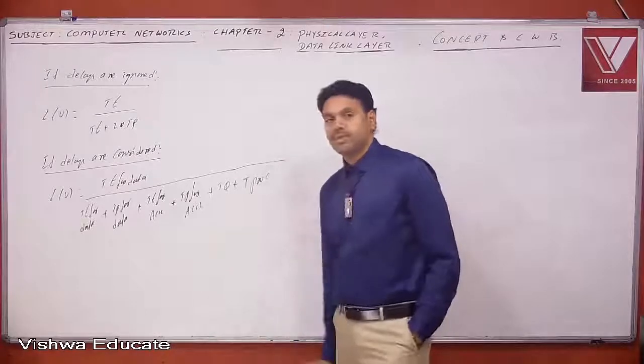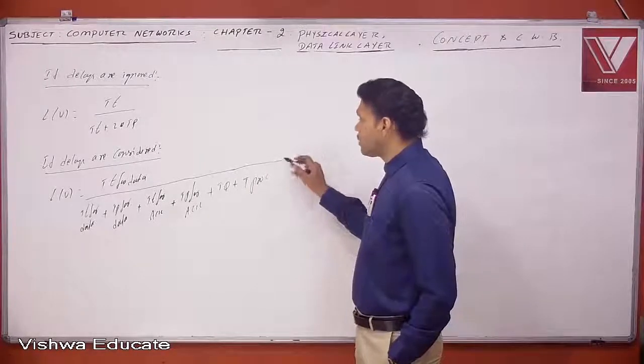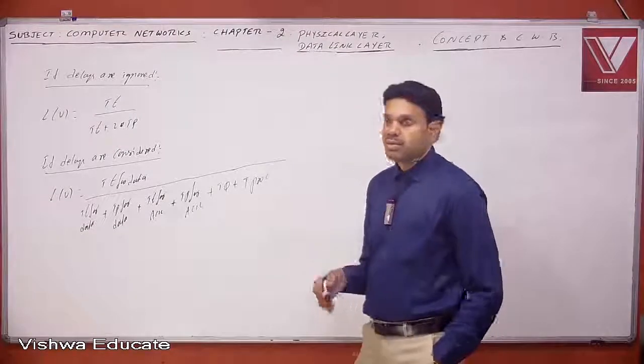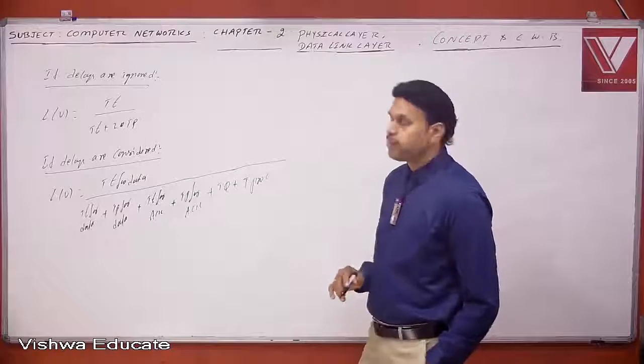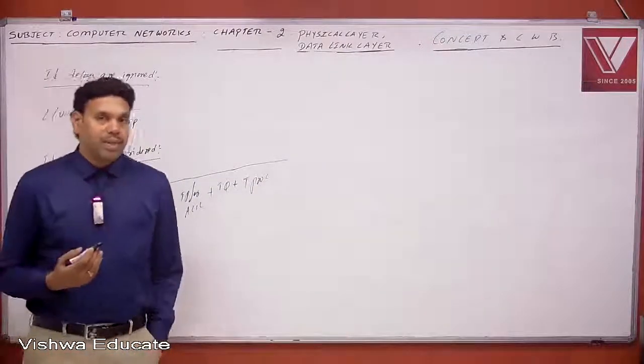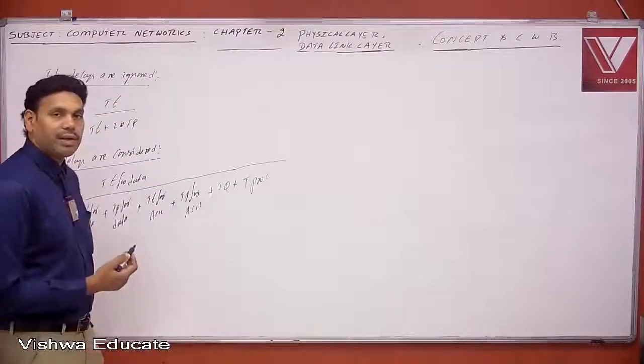This much you have to use. From this, you can apply it to get 50%, 100%, or 60% efficiency. That's it, friends. This is how the delays are dealt with in the physical layer.